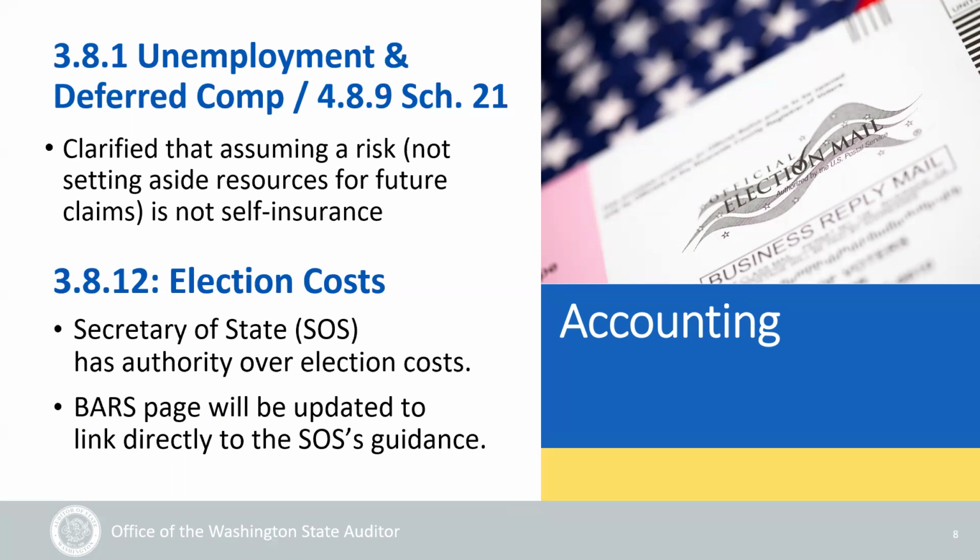In 3.8.12, election costs, since the Secretary of State has the authority over the allocation of election costs, we will be removing that specific guidance from the page and directing everyone to the Secretary of State's guide. We will still have the BARS codes and accounting guidance in the manual.